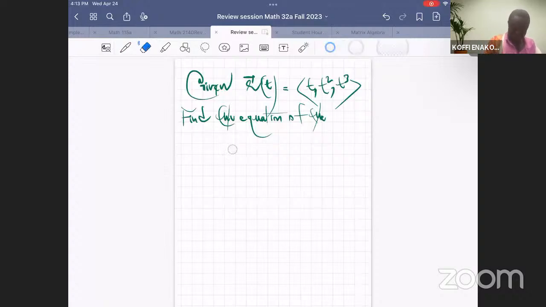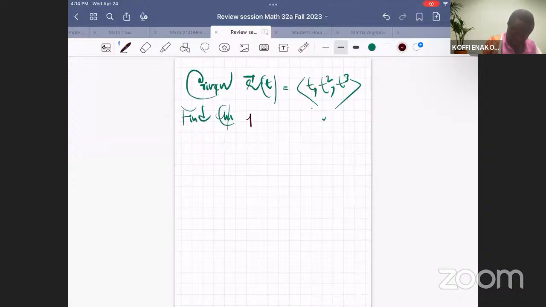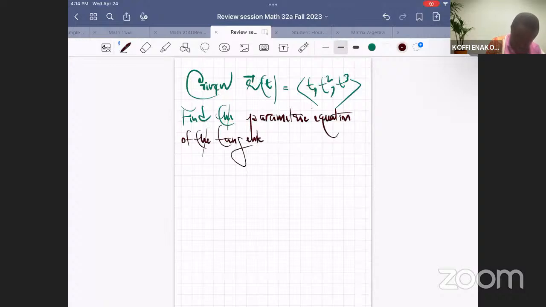So we wanted to find the parametric equation of the tangent line to the graph at t equal to.